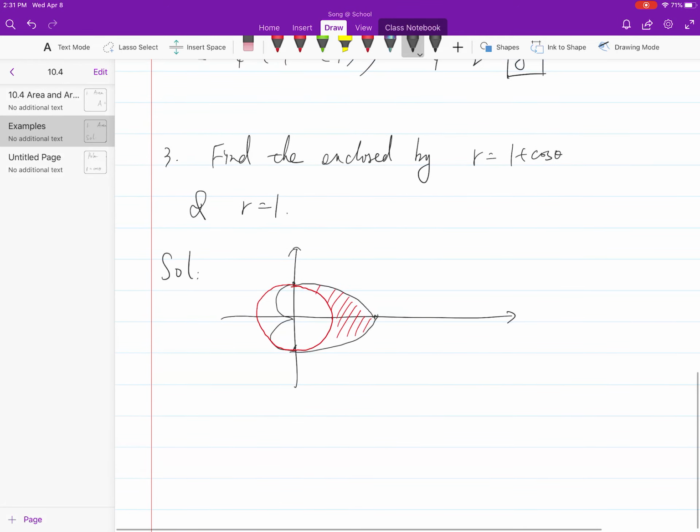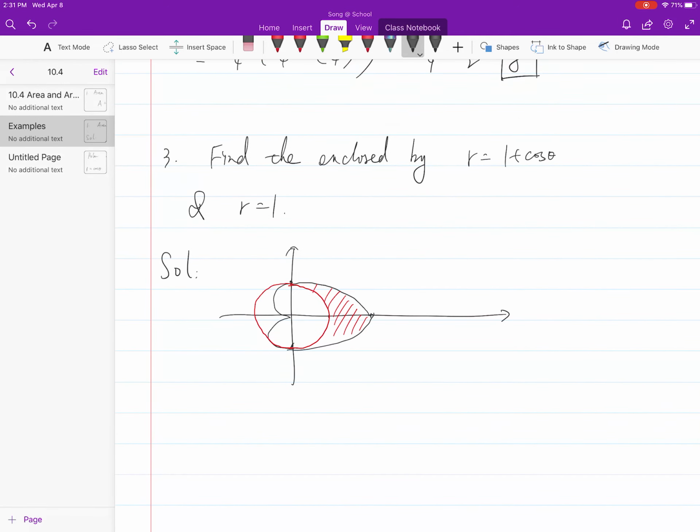Okay, so how do you find the area of this? Well, if you think about it, if you start to draw sectors, let's say, I can first do this and then erase this. Let's just draw any sector like this. Okay, take this part out. You basically have this, you have this, and you have this. And the area you really want will be something in between.